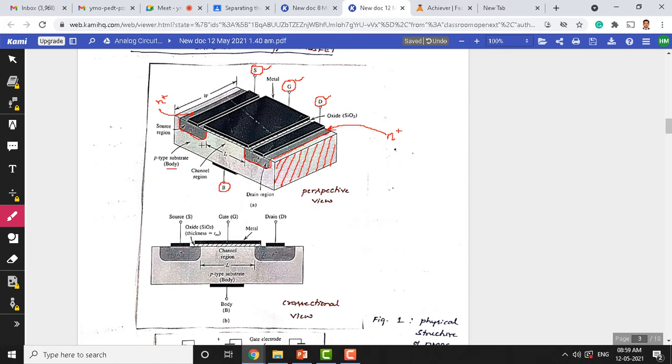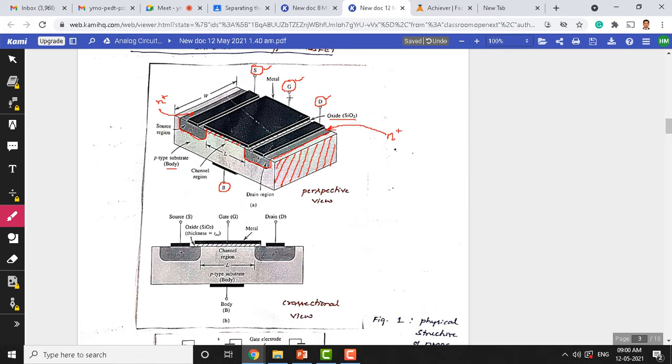In between, covering the source region and the drain region, we deposit silicon dioxide. As you can see, these small horizontal lines show it is silicon dioxide, which is an insulator. On top of that silicon dioxide, we have a thin layer, which is called the metal.